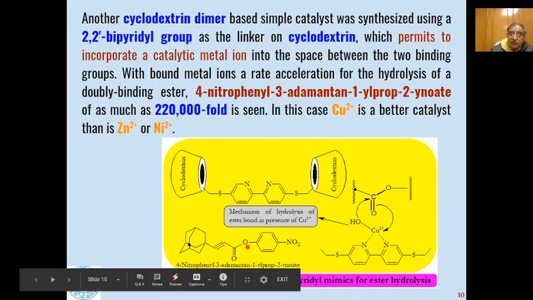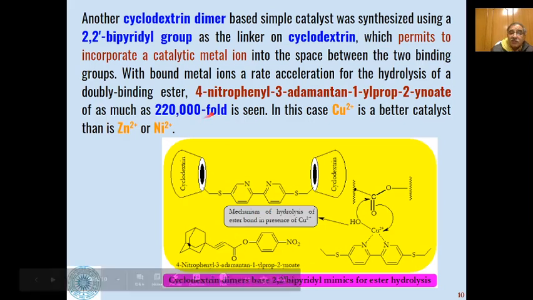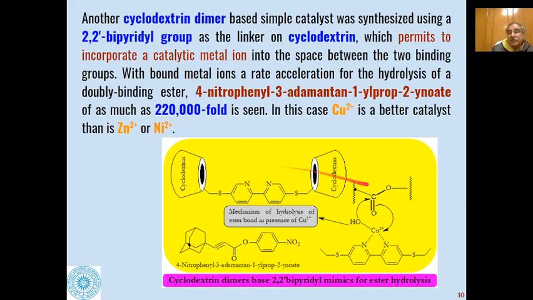So hydrolysis will give carboxylic acid and para-nitrophenol as the product. This reaction is this many times faster than the normal reaction, and it was found that copper 2 plus ions act as a better catalyst than zinc 2 plus or nickel 2 plus ions.